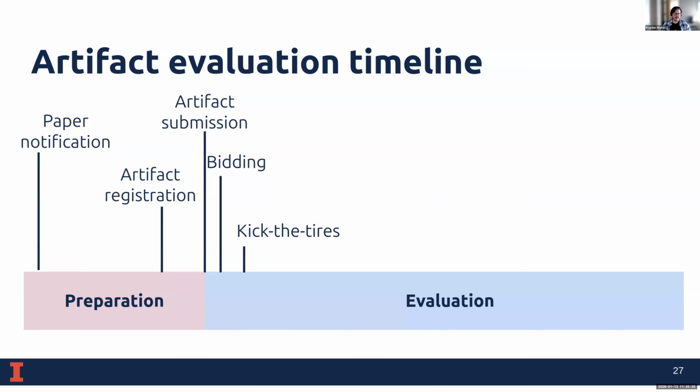The kick the tires phase is something where we encourage both reviewers and authors to communicate with each other and make sure that there are no broken links. You can git clone. There are no missing scripts that would install and build your artifact, or there's no hidden dependencies that haven't been described in the README file or in the paper.